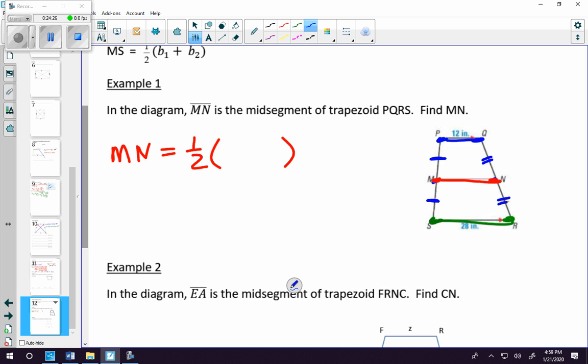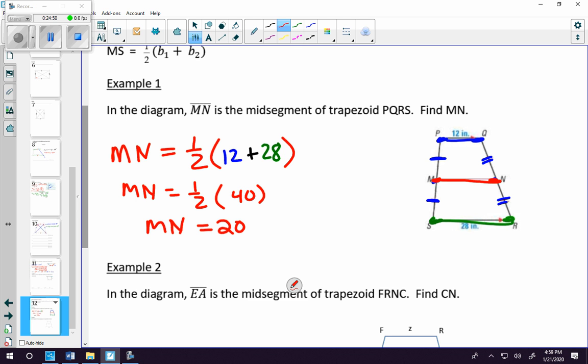The blue segment is one of the bases, which is 12, and the length of the other base is 28 inches, which is in green. So the length of the mid-segment MN is going to be 1/2 the sum of 12 plus 28. So 1/2 of 40 is 20. So the length of the mid-segment MN is going to be 20 inches.